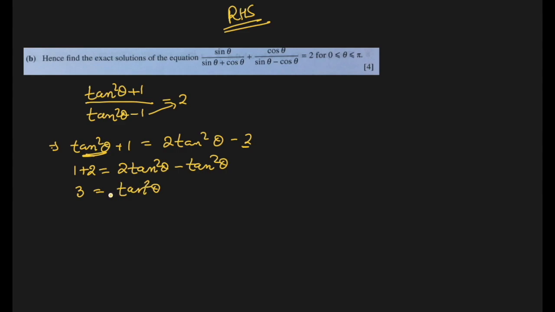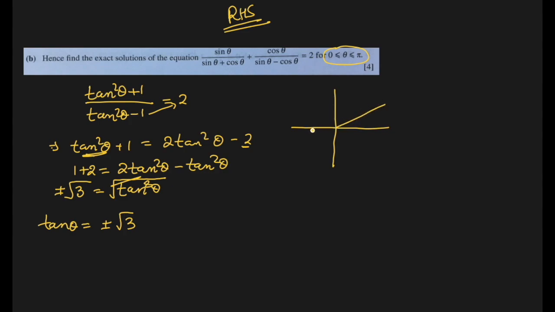To get rid of the square, let's take the square root, plus and minus both. Yeah, square and square root cancel. So we get tan theta is equal to plus and minus square root 3. The domain they have given in radians is 0 to pi, and it is plus and minus both. So tan is positive with all other ratios in the first quadrant, and it is negative in the second quadrant.